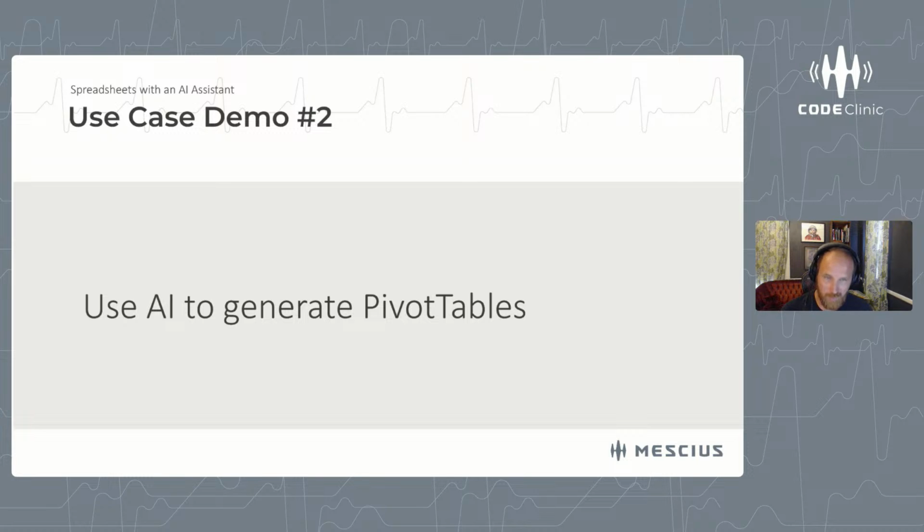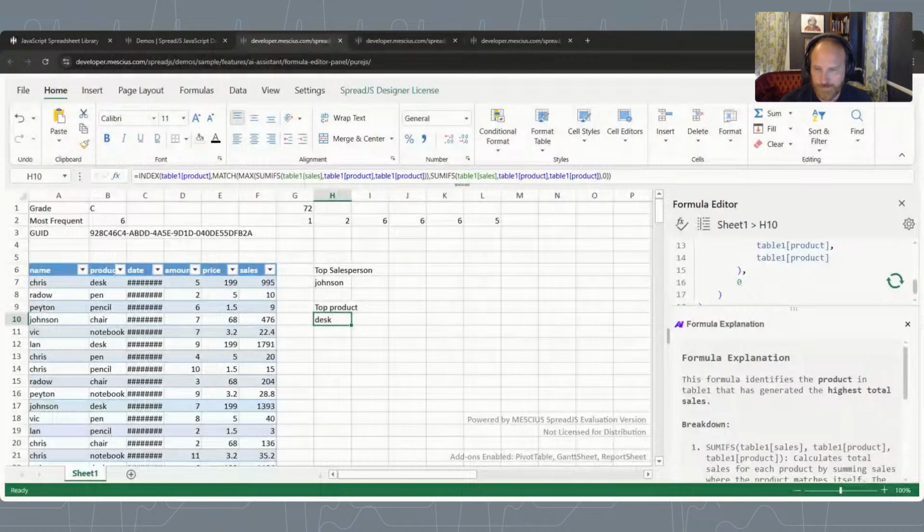I give them the pivot table and pivot panel, and my end users can go crazy and get whatever reports they want from that. I think it's the most powerful feature in Excel. So let's take that up a notch and let's have AI help us generate those pivot tables. So let's get into our demo again.